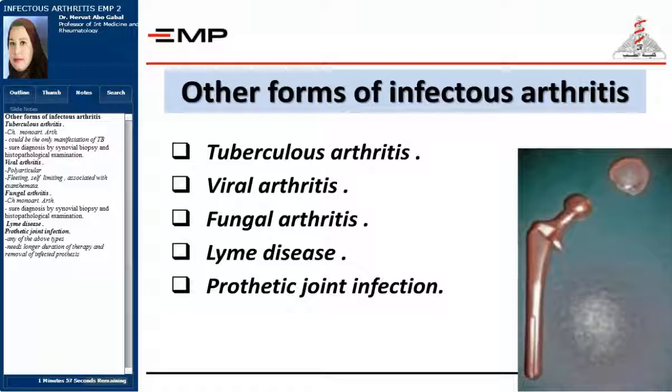Fungal arthritis is a chronic monoarticular arthritis with sure diagnosis by synovial biopsy and histopathological examination. Lyme disease and prosthetic joint infection, which could be one of the above types, need longer duration of therapy and removal of the infected prosthesis.